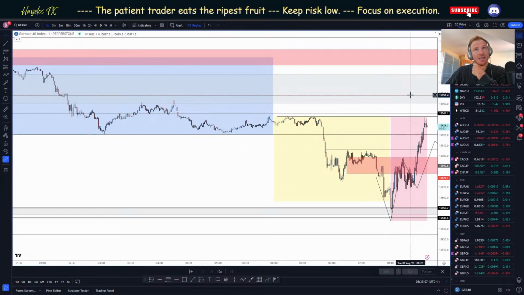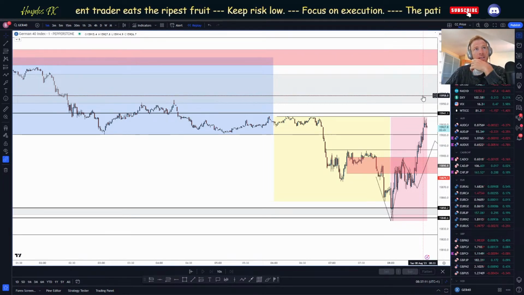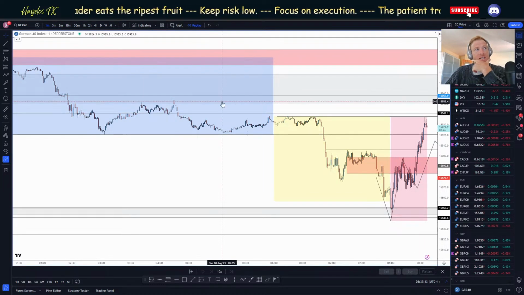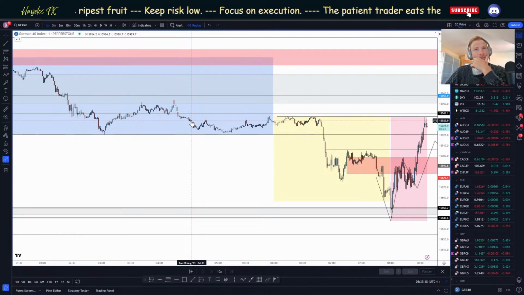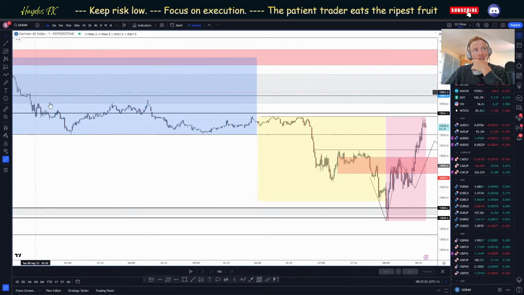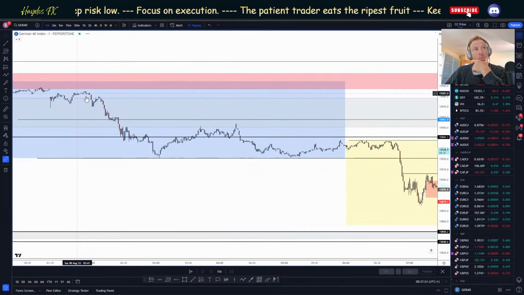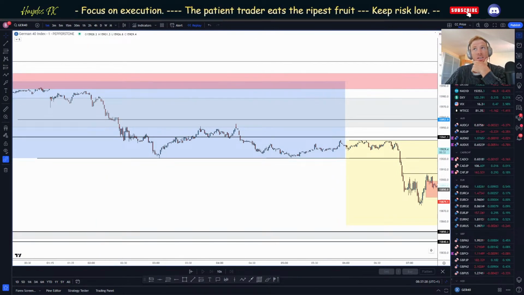Yeah, I'd like to see it get to this 15,960. Because this was a big move in the Asian session. It annoyed me that it moved so much. Like, look at these 3 1-minute candles in the Asian session. These 3.